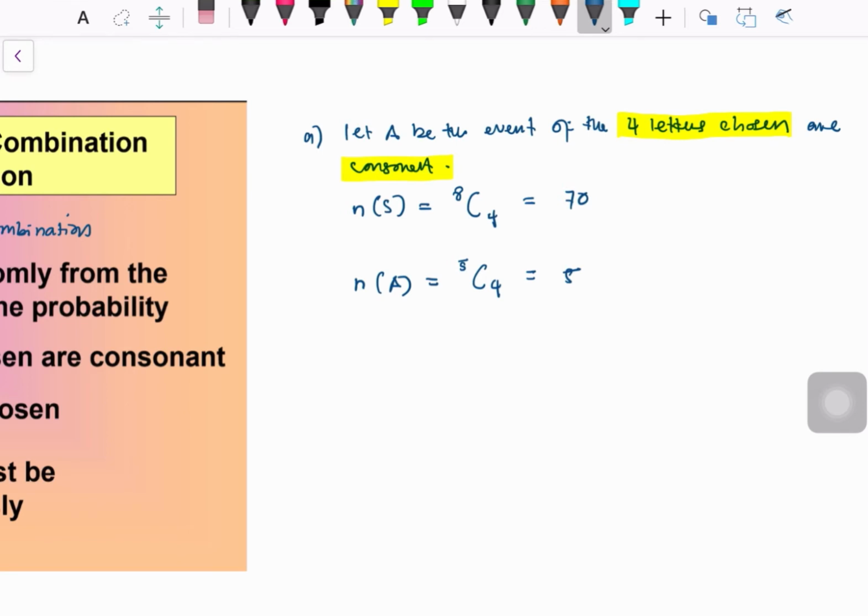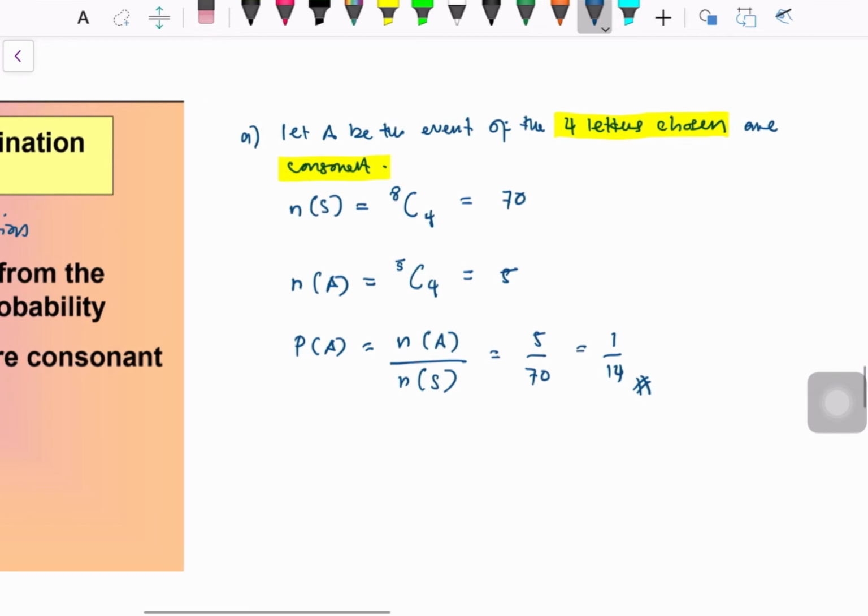By the definition of probability, P(A) is the total of event A divided by the total of the sample space, so 5 over 70. After simplifying, we have 1 over 14. This is the probability that the 4 letters chosen are consonants.